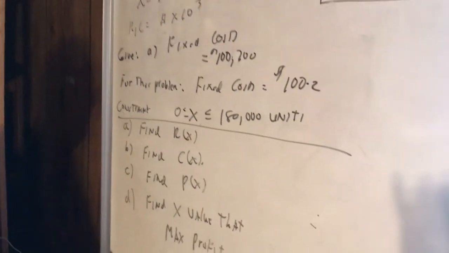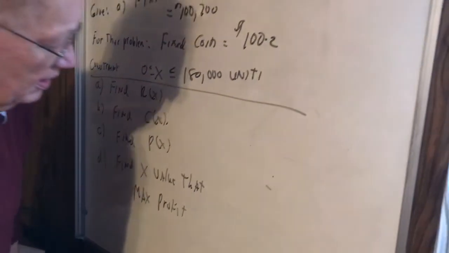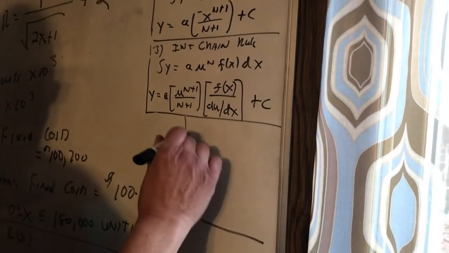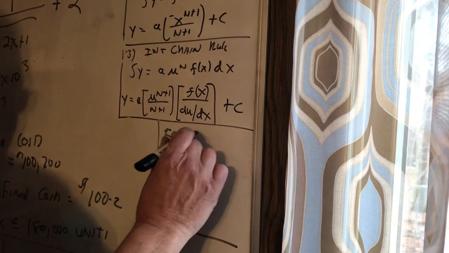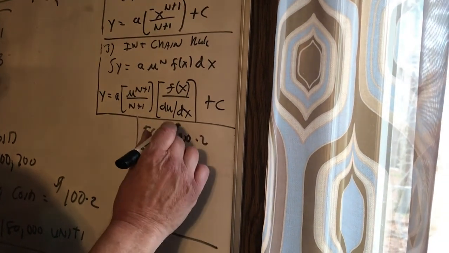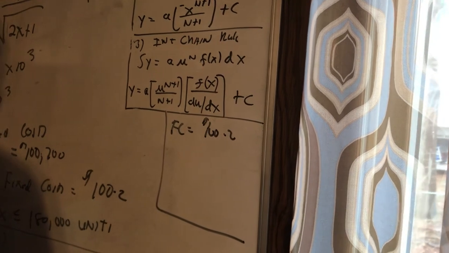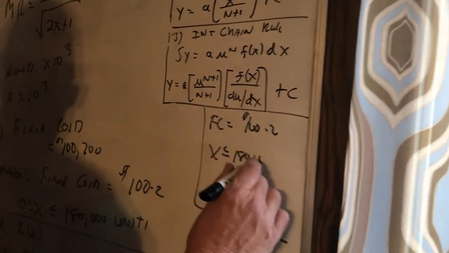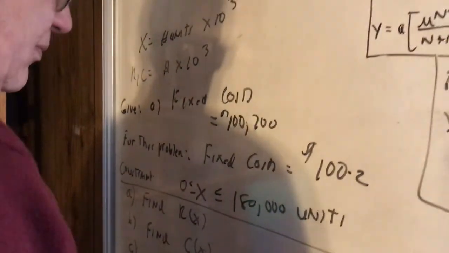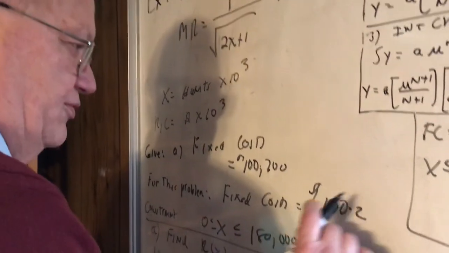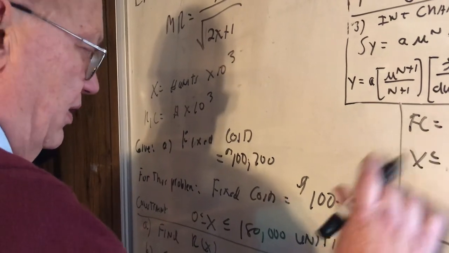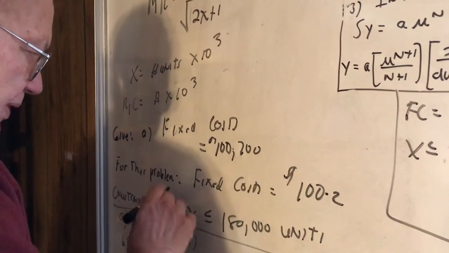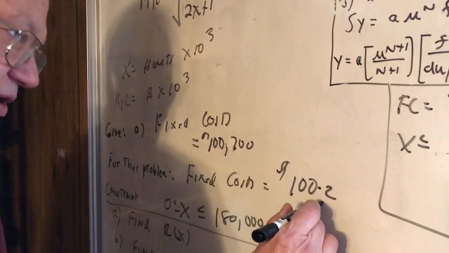So we've got everything here. I just want to put here that fixed costs was 100.2, and x is less than or equal to 180,000. It's 100,200, but because it's measured in thousands, it becomes this.